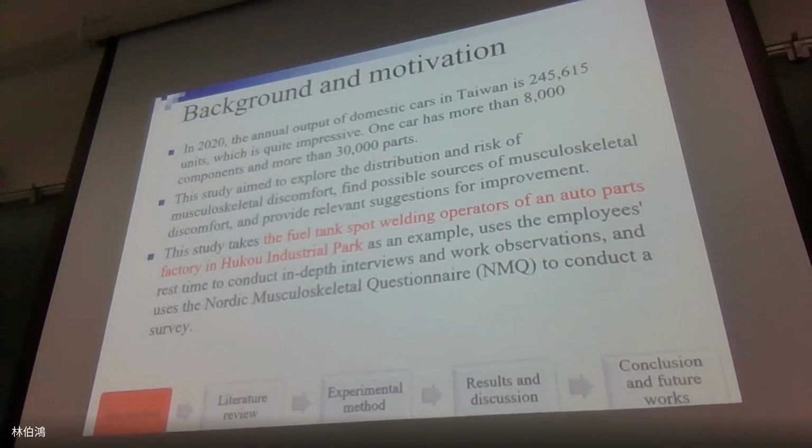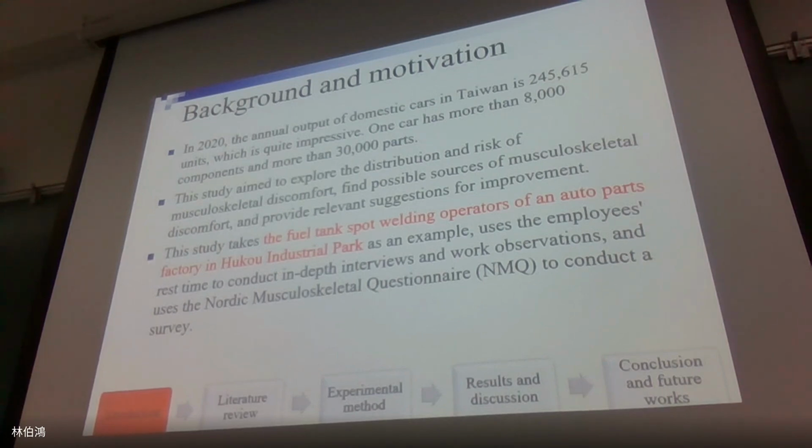In this study, I think the target industry is the auto part industry. In the background, you can see that in 2020, the annual output of domestic cars in Taiwan is about 200,000 units, which is quite impressive.